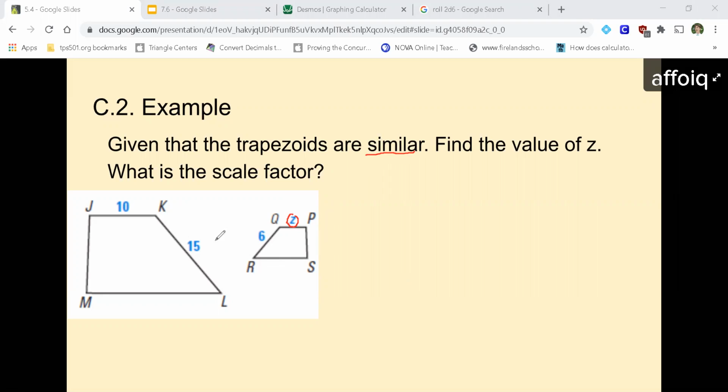And again, you can set up this proportion in many different ways. You just have to be consistent. So I'm going to do JK over KL is equal to QP over QR. How I decided to set this up was top over side, top over side.